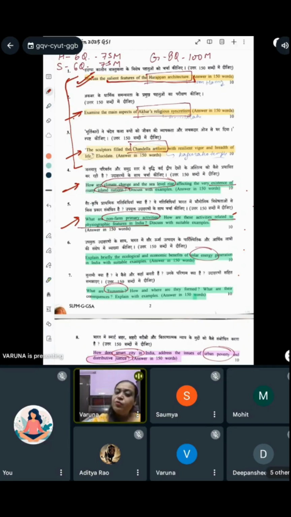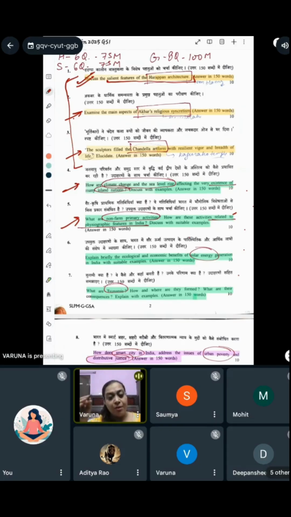Why? What physical feature is related with that? That is the plateau. Then we have fishing. It is located in the coastal region. So all the coastal plains are associated with fishing. So that kind of relation we had to establish.